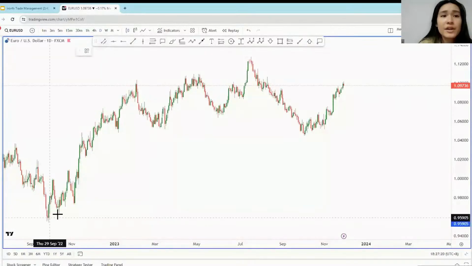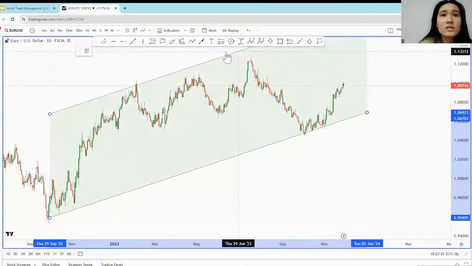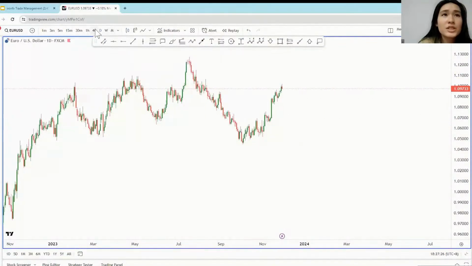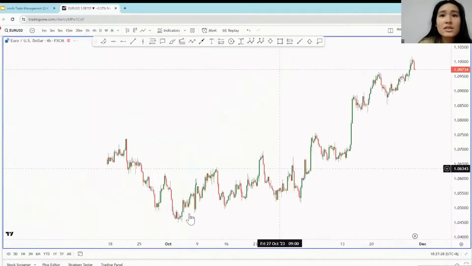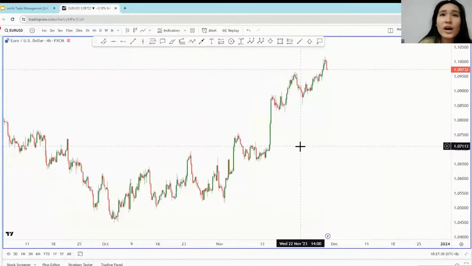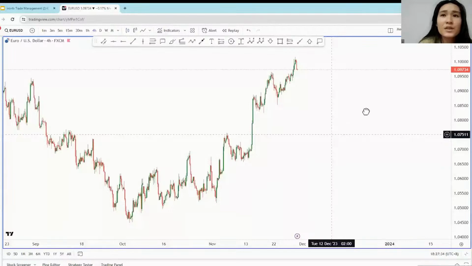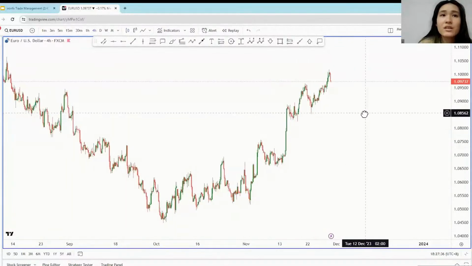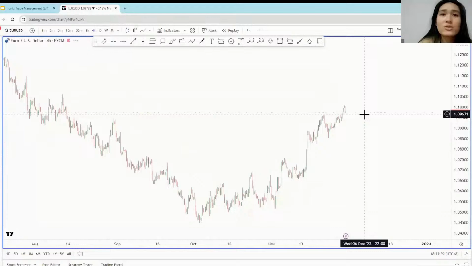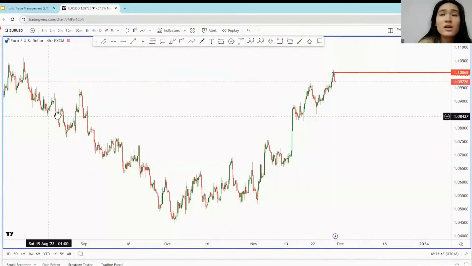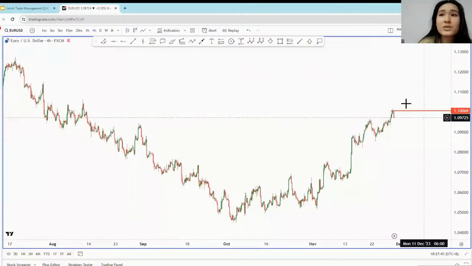Let's see if we have a channel. No, but pretty bullish here as well. Now, definitely uptrend here on our 4-hour time frame. I don't think we have any trend lines or trend channels, so let's just get into the support and resistance levels.